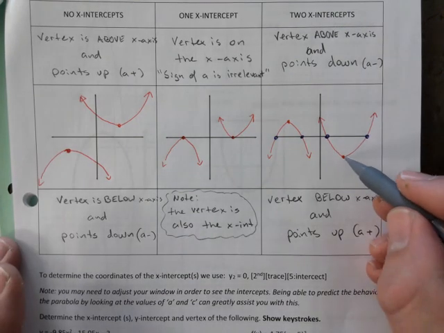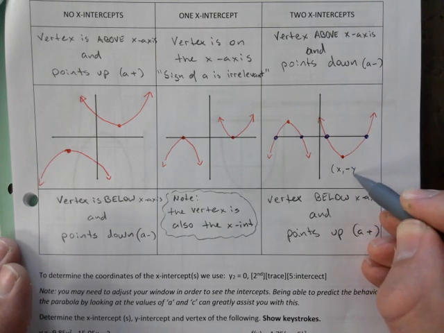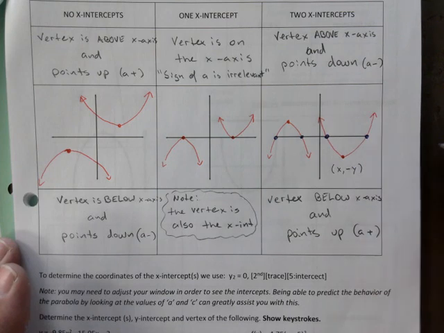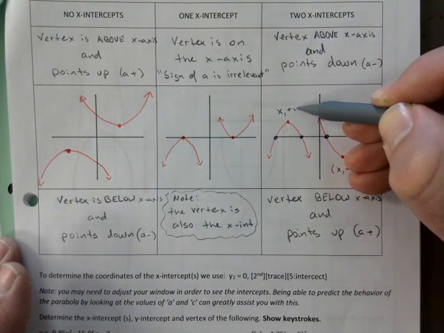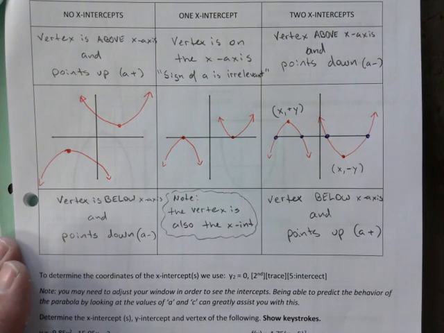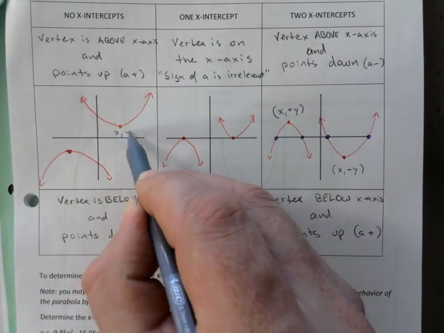But in this case, the vertex would be x, negative y. In this case, the vertex would be x, positive y. Let's do this one here. X, positive y.